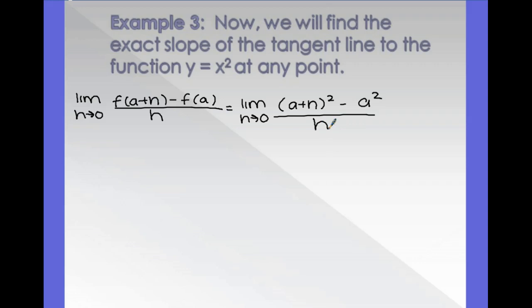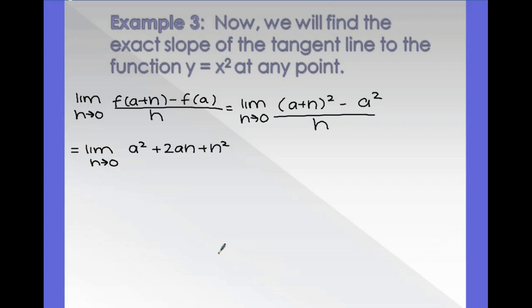So we plug in a plus h and plug in a into our function that we are finding the slope of the tangent. So a plus h squared becomes a squared plus 2ah plus h squared, coming from our Pascal's triangle, where it goes 1, 2, 1.